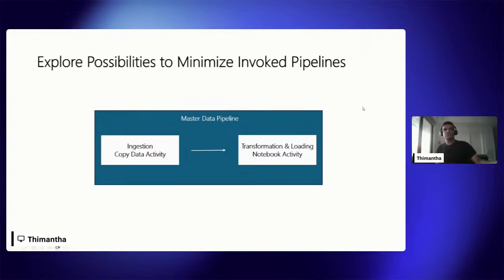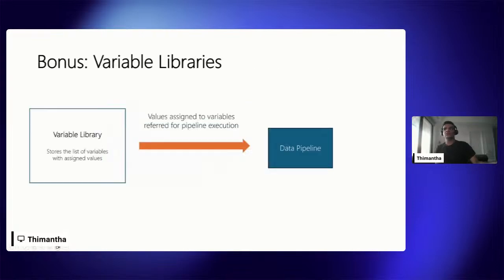And another bonus segment of this in terms of managing typical pipeline execution, right, is variable libraries. Now, keep in mind the purpose of variable libraries is primarily to accommodate deployment, right? What is a variable library simply?